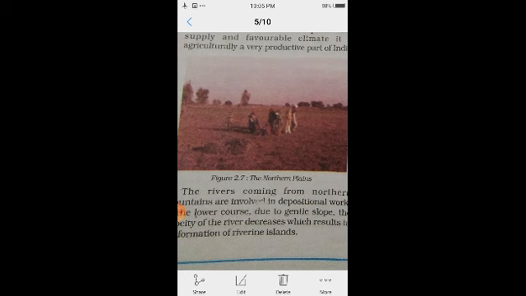The rivers in their lower course split into numerous canals. Why? Due to the deposition of silt, they spread and split into numerous canals.